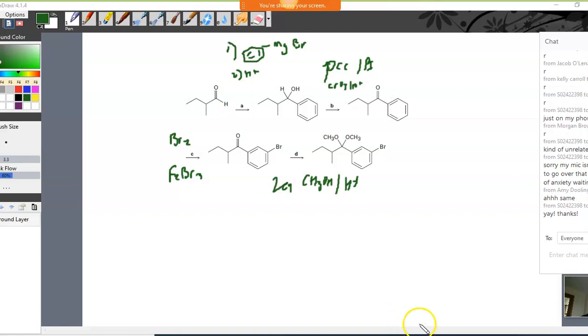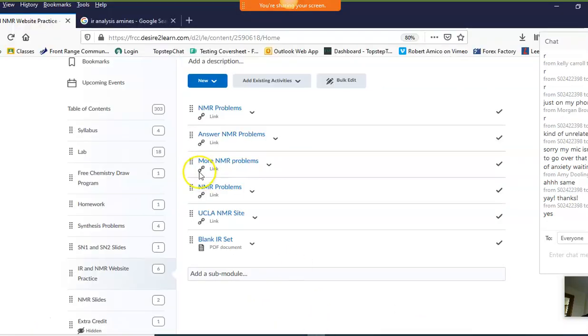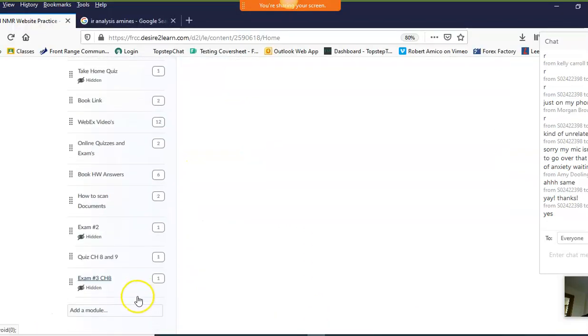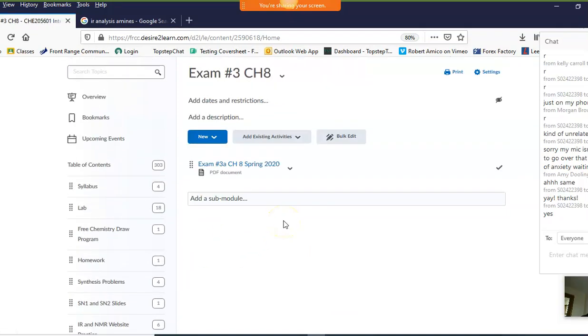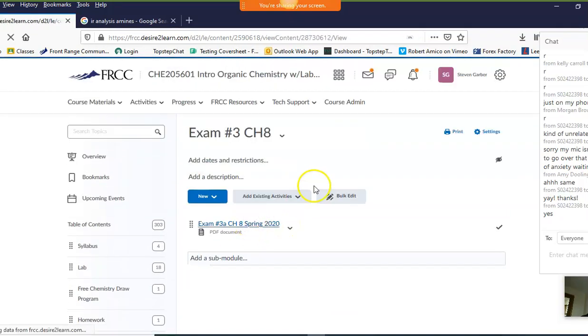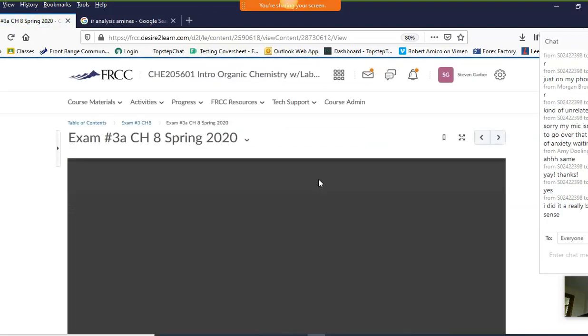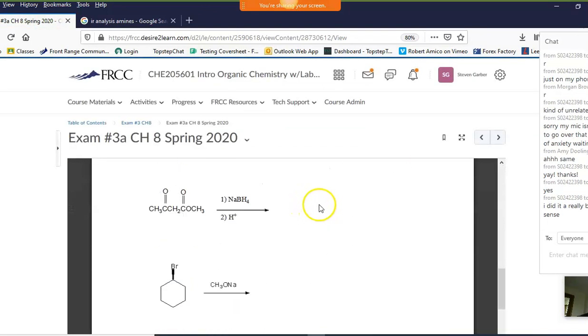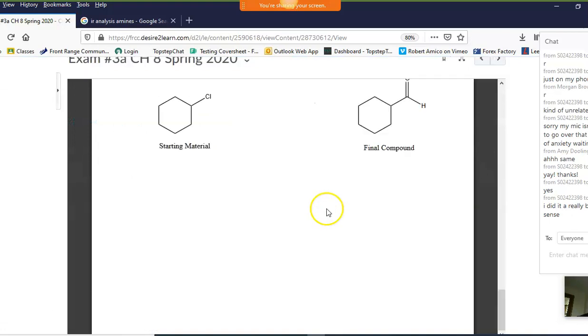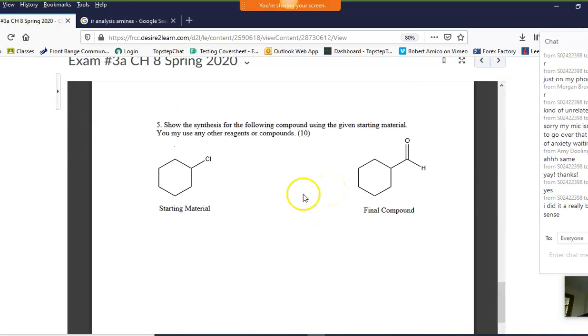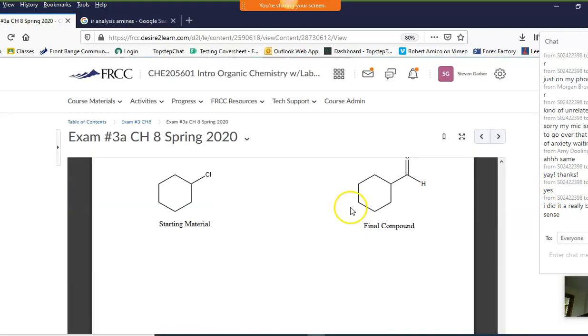I assume that's the synthesis problem you're talking about. Let me just refresh my memory, because there are 2 ways. You could have either done it using a Grignard, or you could have done it with the acetylide, I believe. Let me just double check. Yeah, so it's the chlorine to an aldehyde.